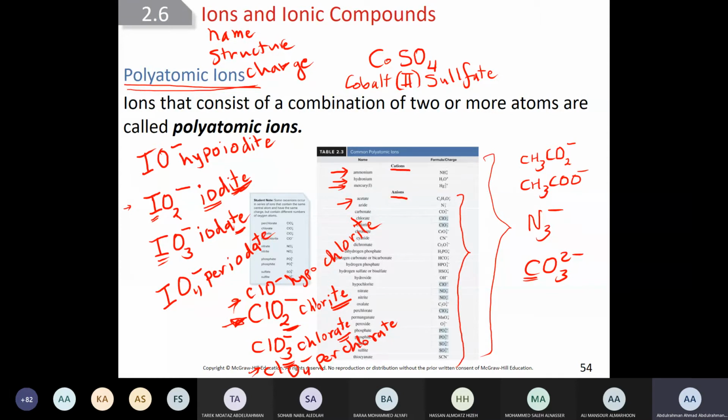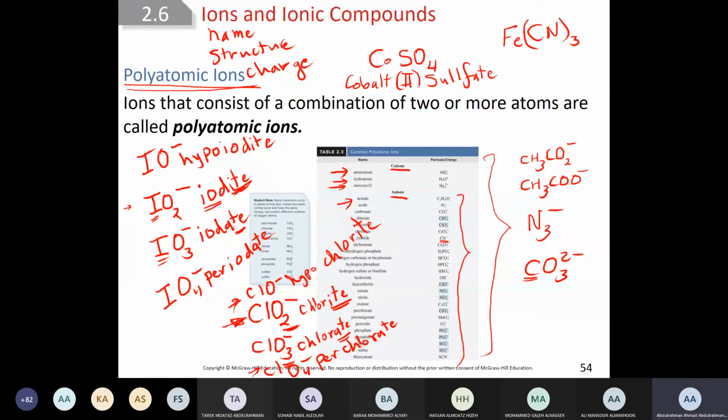Now, what's the name of this compound? Iron. Look at the group. This is the group, if you can see it. Iron 3 cyanide.